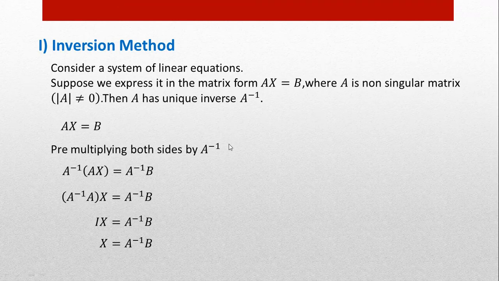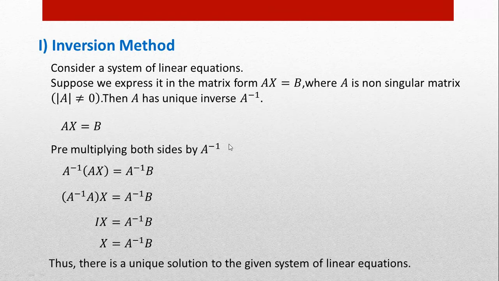Okay, now I will explain just one example in this lecture. So let us see, as we get a unique solution to the given system of linear equations. Okay, so let us see one question. The question is like this: solve the following equations by inversion method.